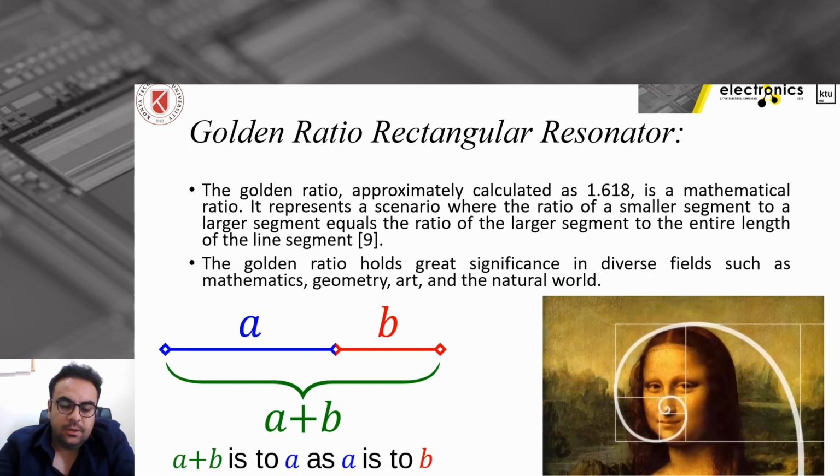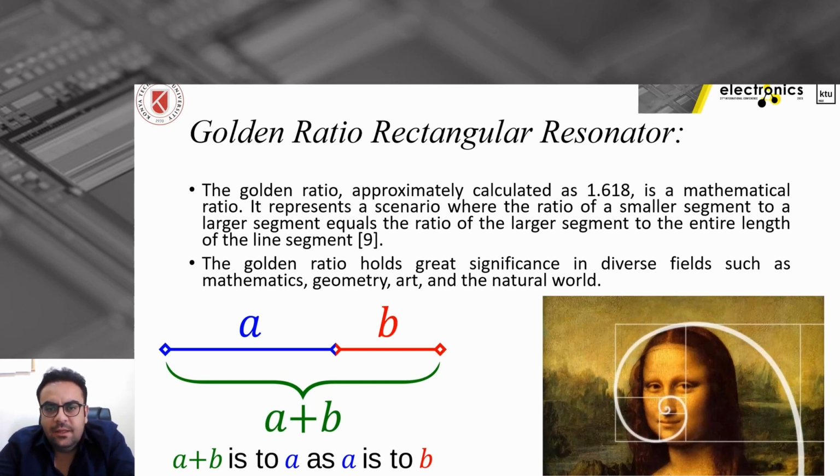And in our antenna design, we utilized the golden ratio. And in this slide, we will define the golden ratio. The golden ratio, approximately calculated as 1.618, is a mathematical ratio.